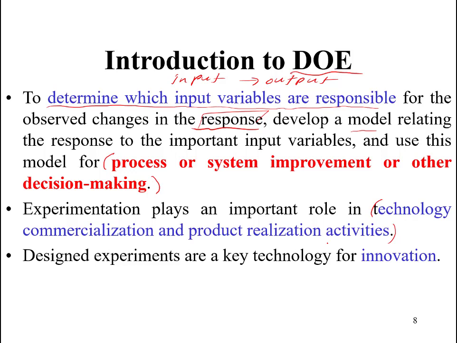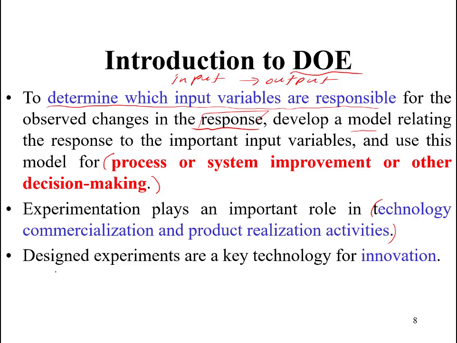For example, mobile phones: which size of mobile phone may be more interesting for people? You can prepare a questionnaire and ask them about the favorable design and size of the mobile phone. This kind of method to understand people's desire about this new technology is also a type of design of experiment.